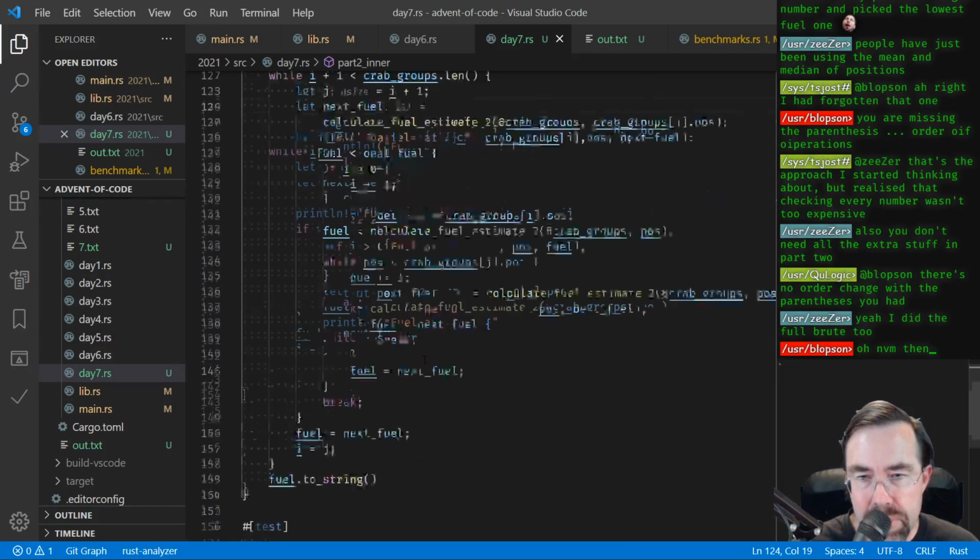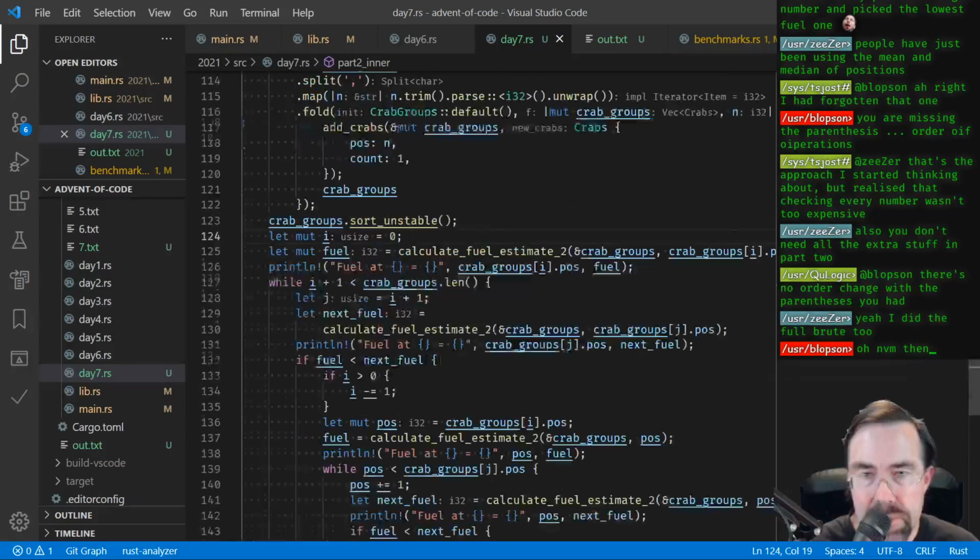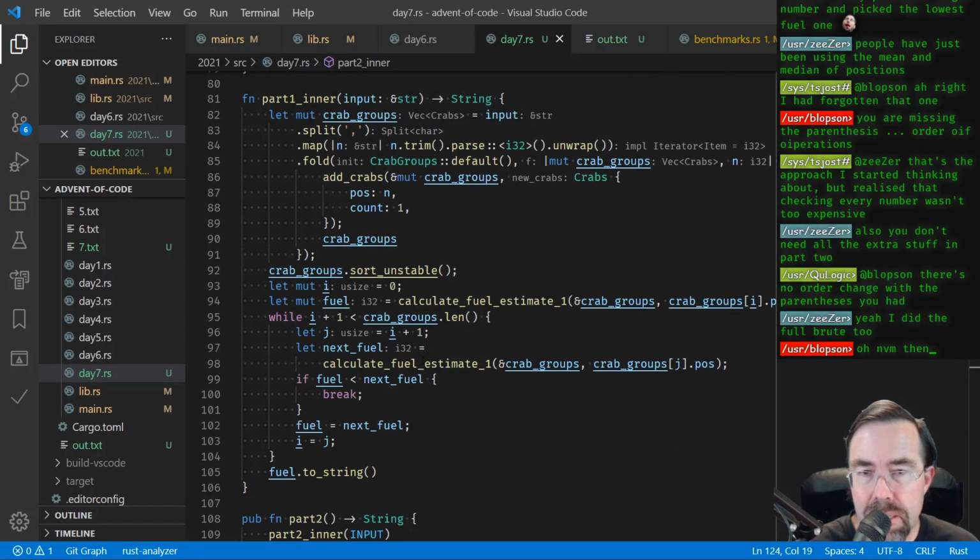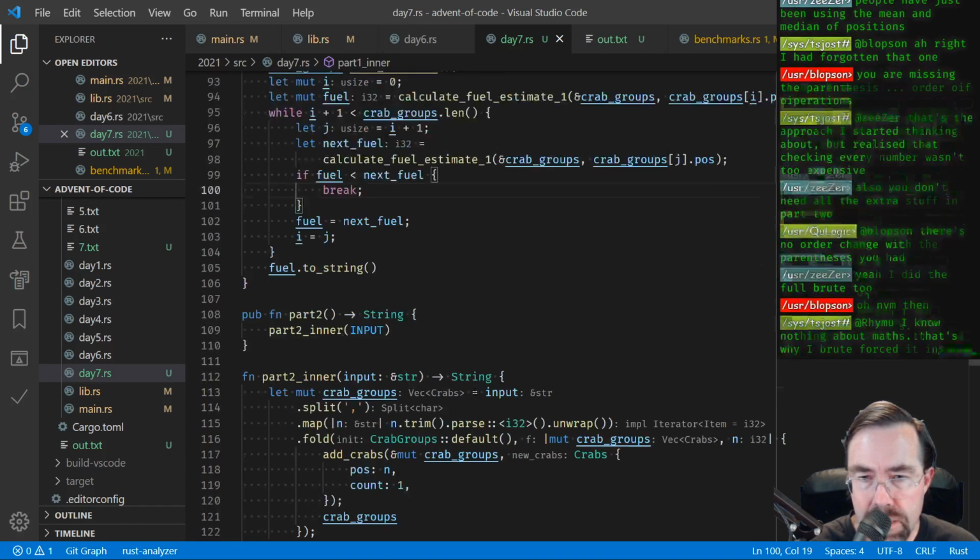Where was one thing I wanted to clean up here? Maybe it was on part 1. I think it was that this while loop can go... Oh, no, I guess not, because it could be the extreme end. Yeah, I guess.